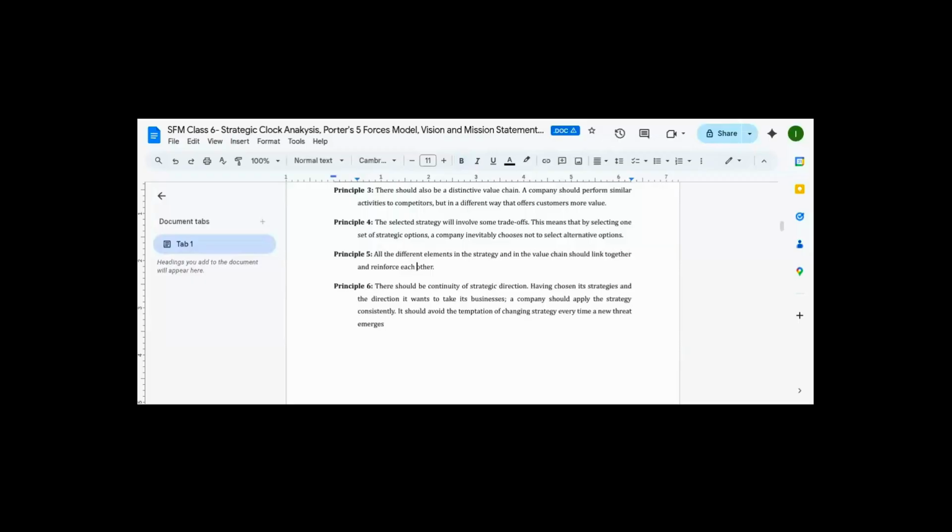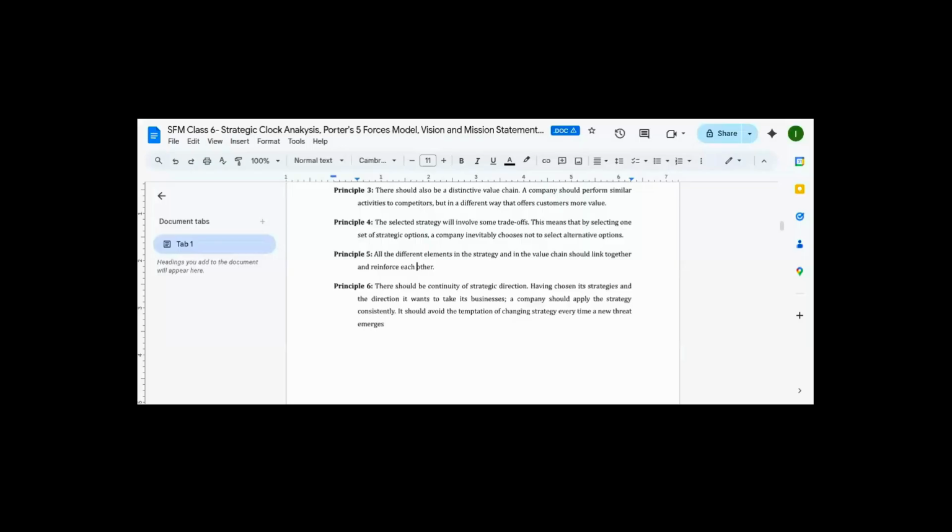Is that understood? There should be a linkage of all these strategies. All the strategies must not be isolated, so that we create what we call synergy and integration of strategy to achieve whatever strategic intention we have.